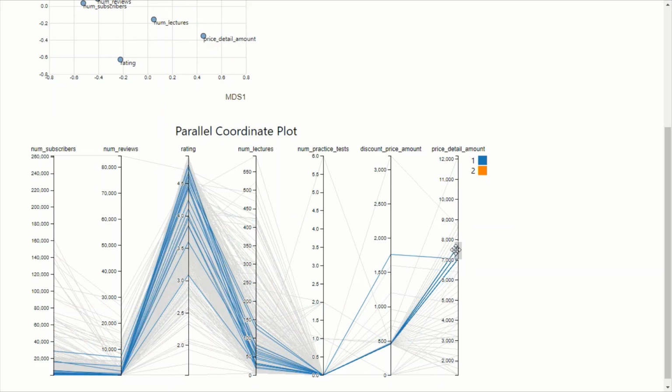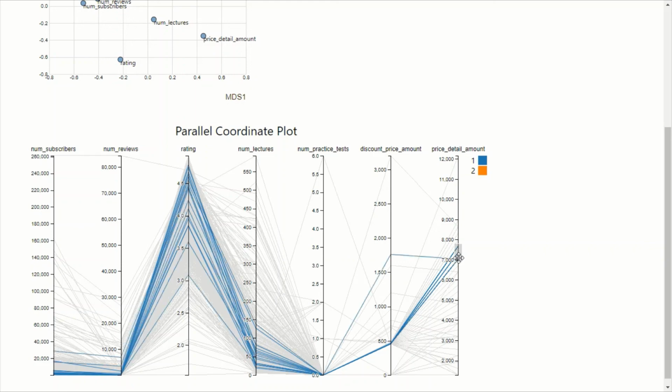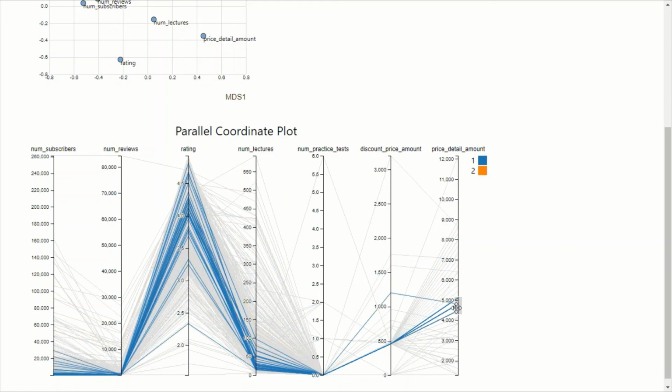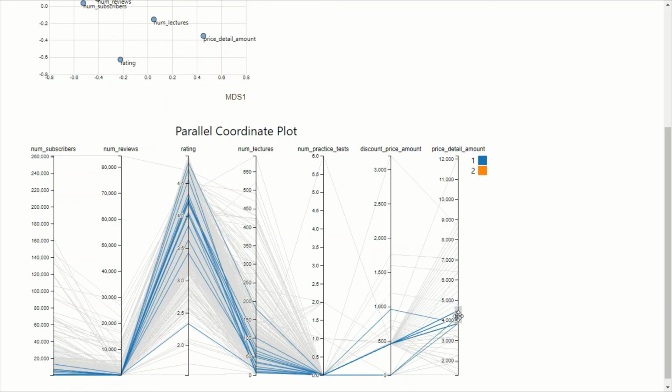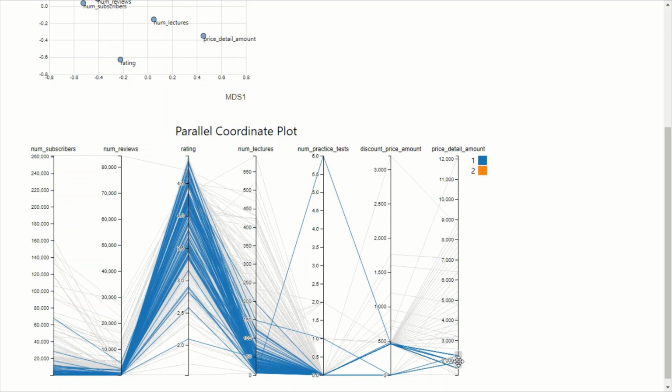The number of subscribers also changes: between the 7000 to 8000 price range there are very few subscribers. In this way we can select any rectangle by brushing the axis and see its effect on other dimensions.